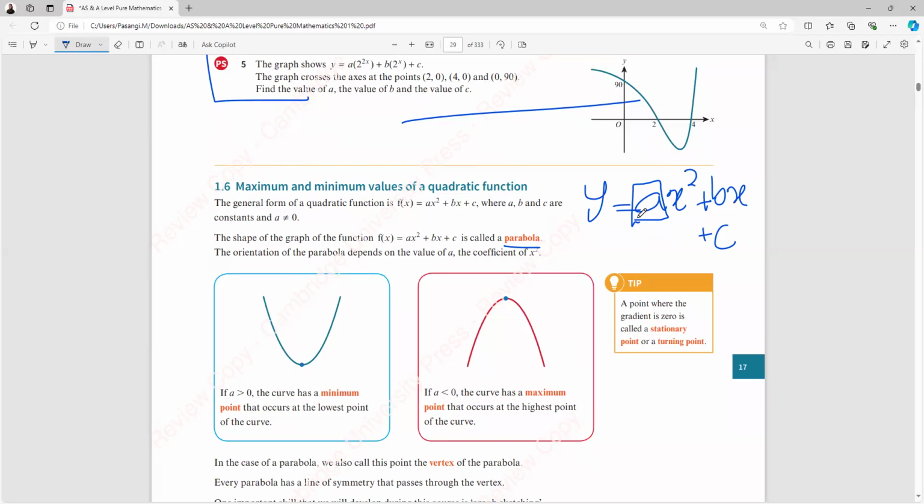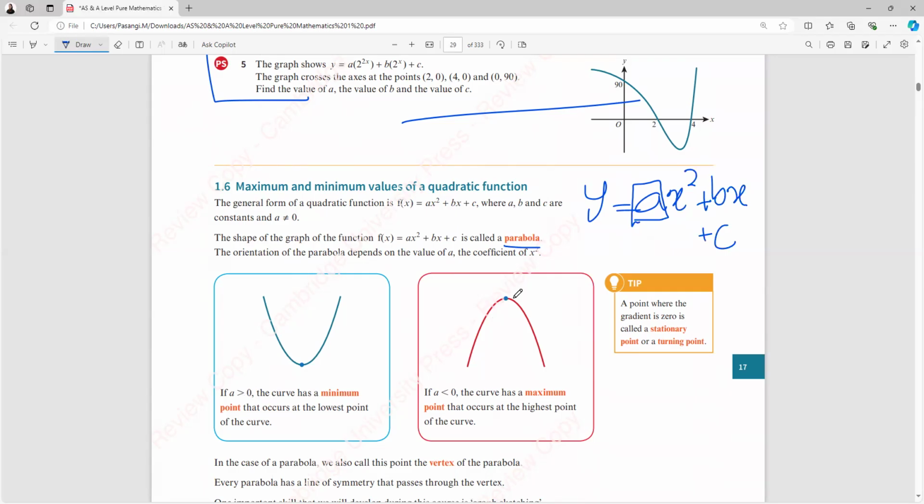That is, if the coefficient of the x squared term is a positive value, then the curve will have a minimum.